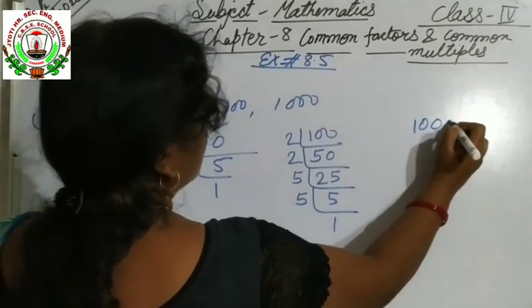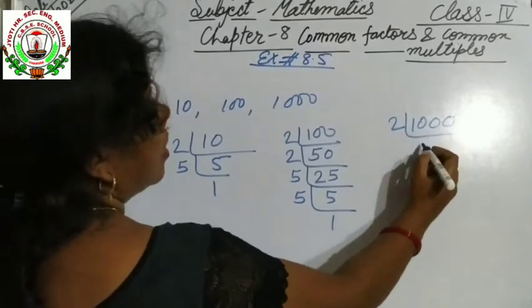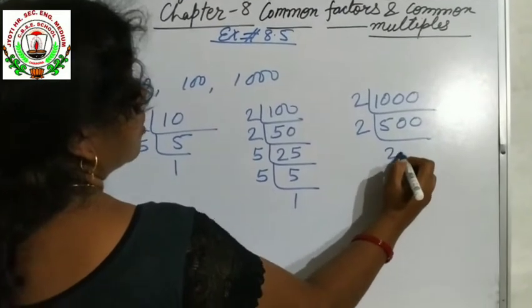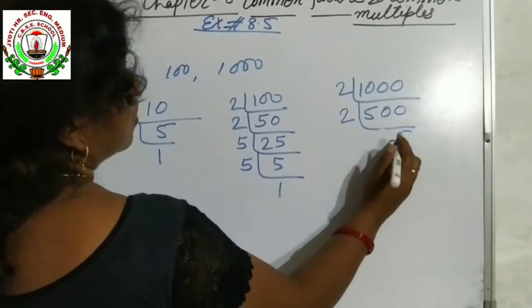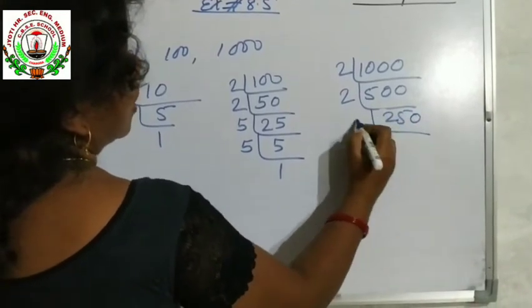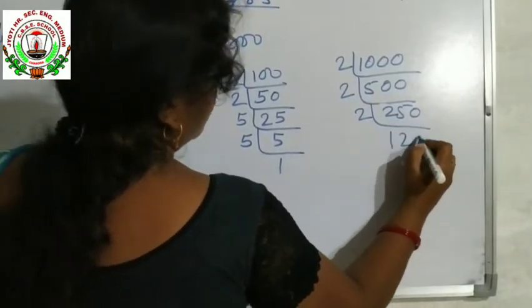Next number is 1000. Divide it by 2 because it is an even number. 2 fives are 10, 0 0. Then we divide by 2 again: 2 twos are 4, 2 fives are 10. Again divide by 2: 2 ones are 2, 2 twos are 4, 2 fives are 10.